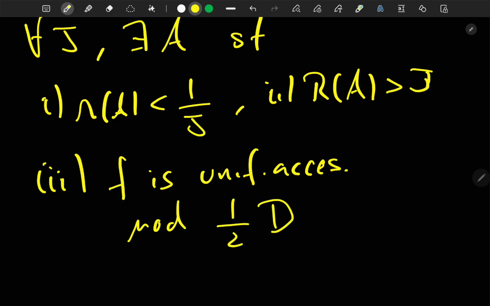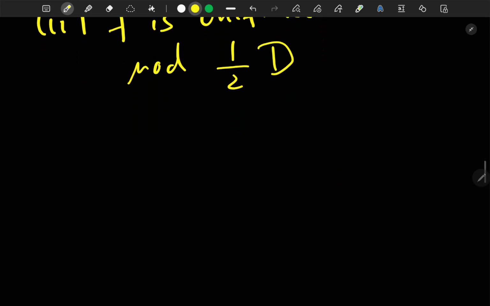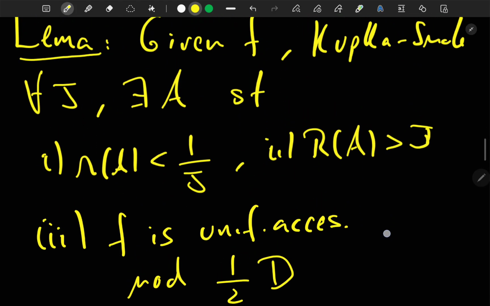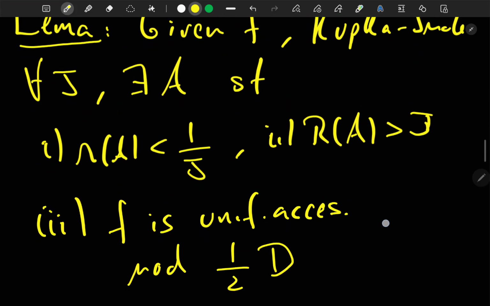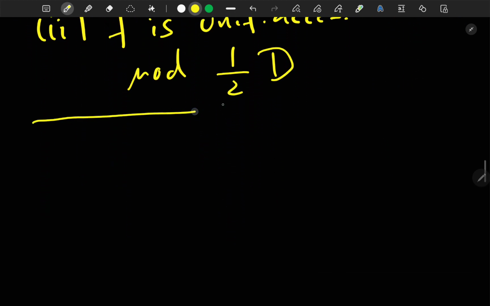Well, these numbers are anyway not important. So this is the main Lemma 1.2, and let's start the proof.